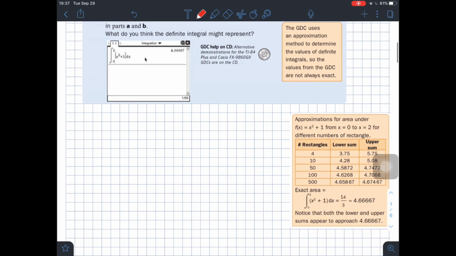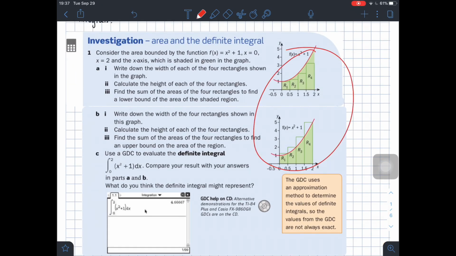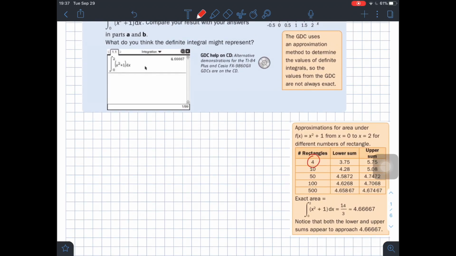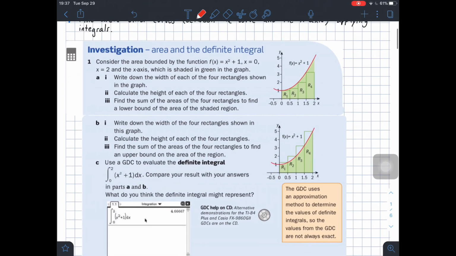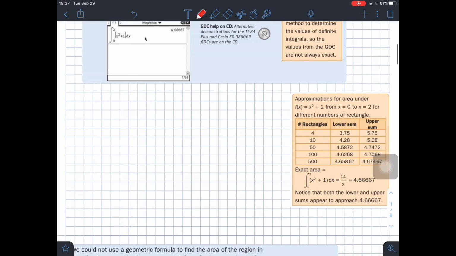Okay, so here I put a summary of the values of the areas using this investigation. And you see something. If I draw four rectangles, which is exactly this situation here, four rectangles below and four rectangles above, I find the lower sum and the upper sum.